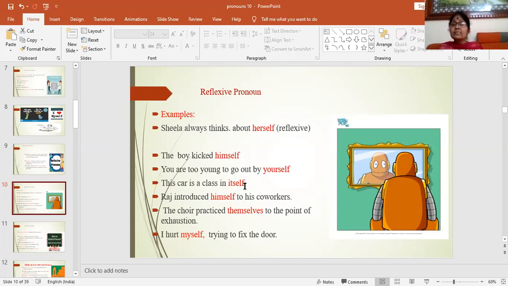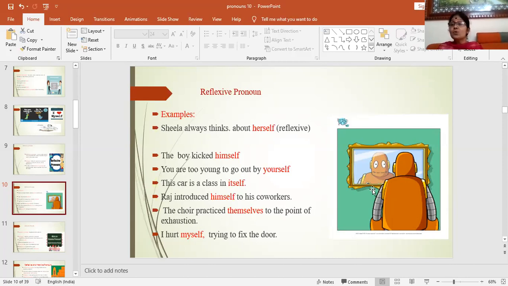This car is a class in itself. Raj introduced himself to his co-workers. The choir practiced themselves to the point of exhaustion. I hurt myself trying to fix the door. So in a reflexive pronoun, the subject and the object are the same person, right?